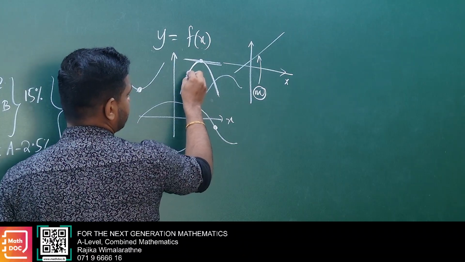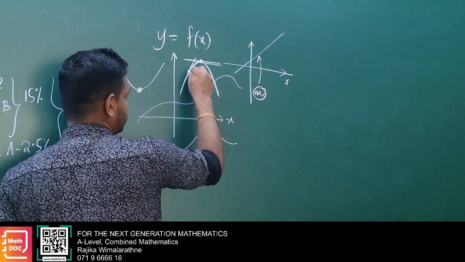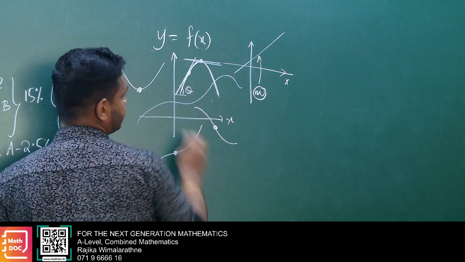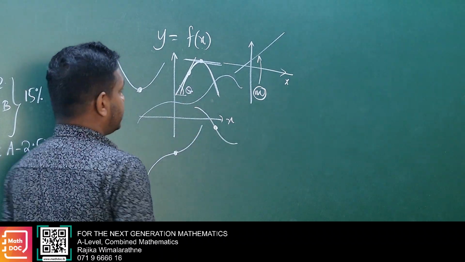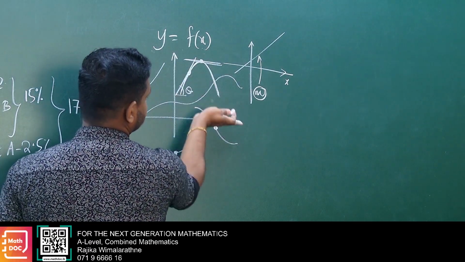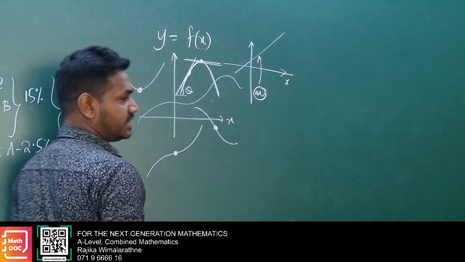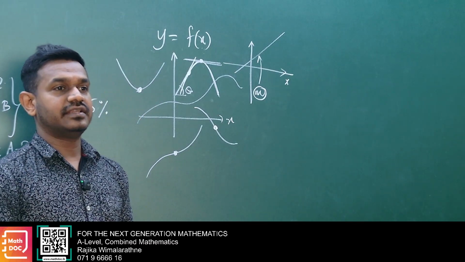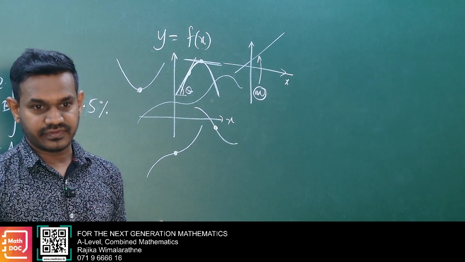To find the gradient at a point, you sketch the tangent there, then consider the tan value of this angle. Likewise, for these types of relations we have to consider gradient, and to get the gradient we use calculus.